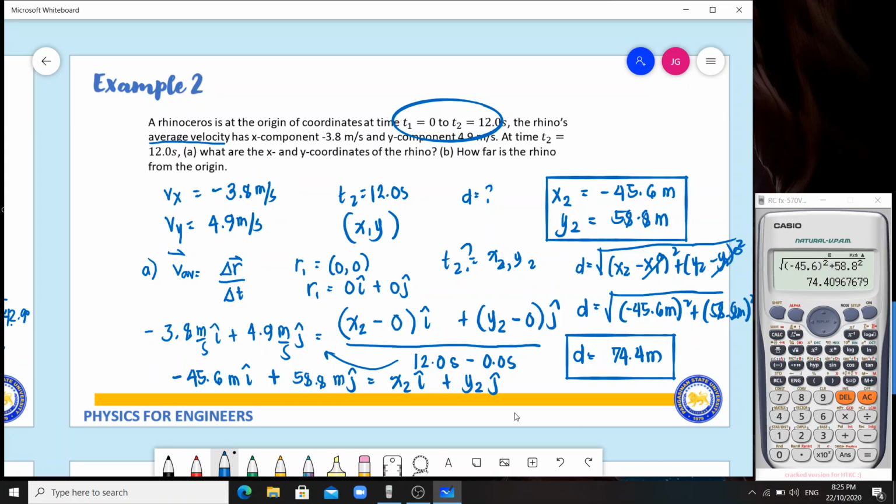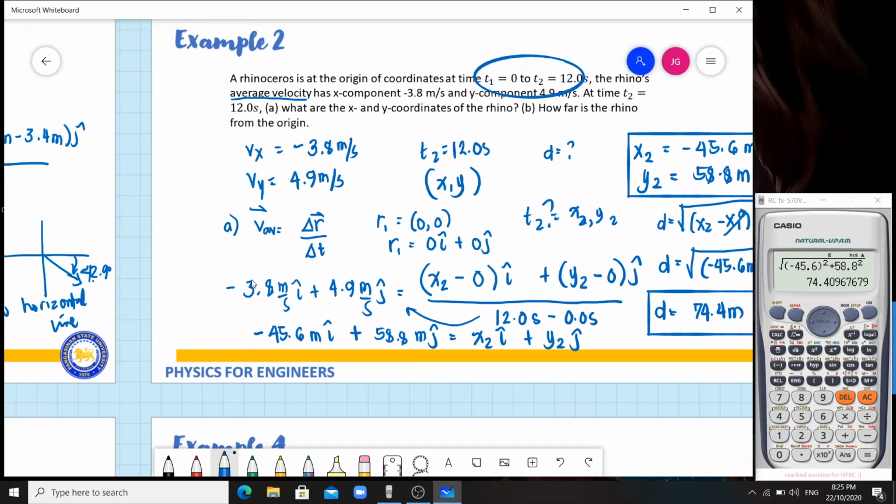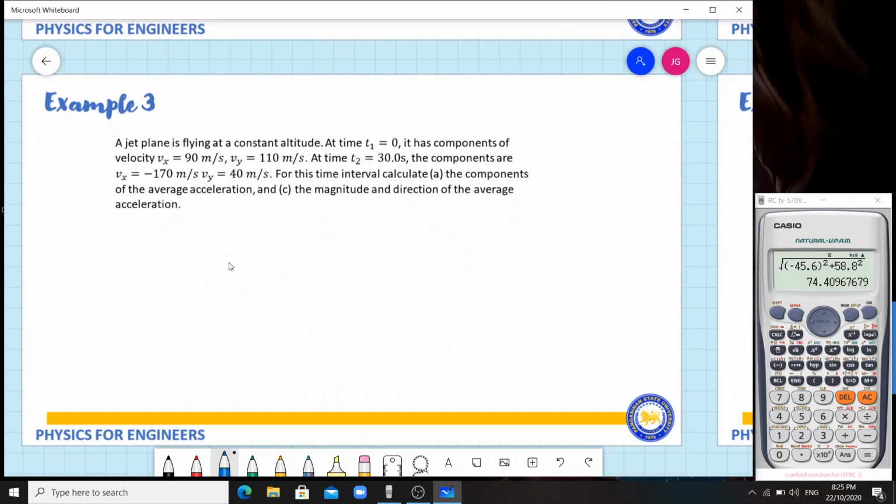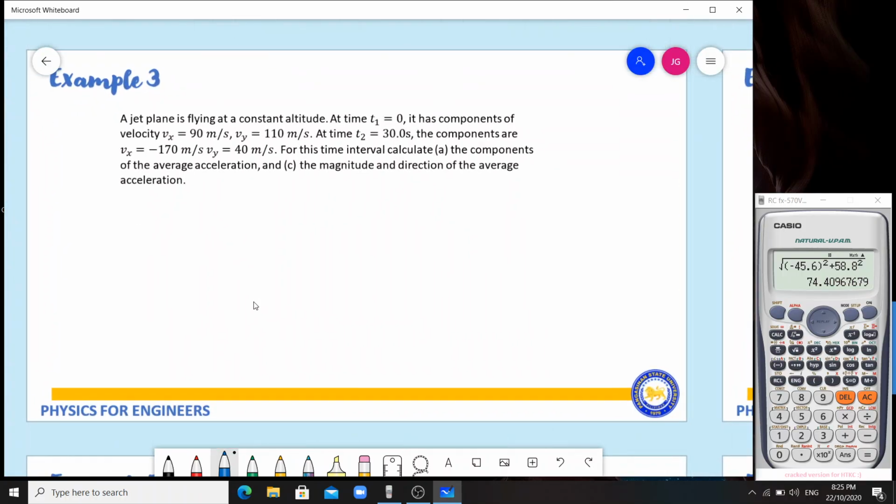Okay. So now let's proceed to number 3. A jet plane is flying at a constant altitude. At time t1 it has components of velocity. So meron na naman tayong velocity at time 1, which is 0. May velocity x tayo na 90 meters per second and may vy tayo na 110 meters per second.